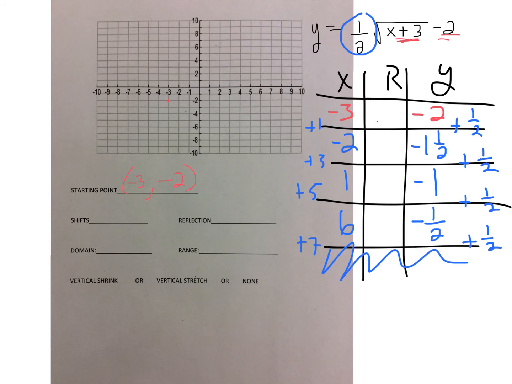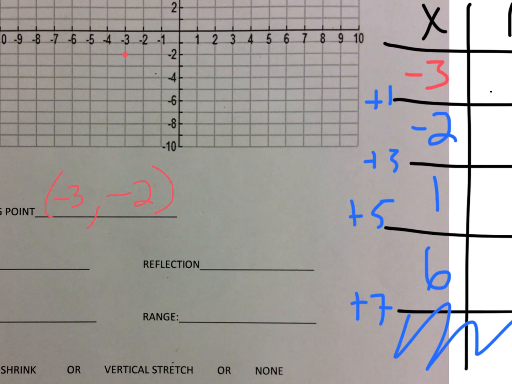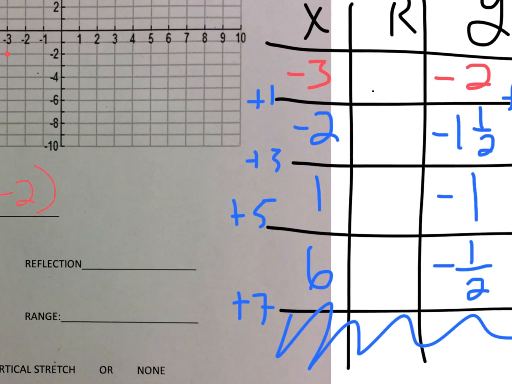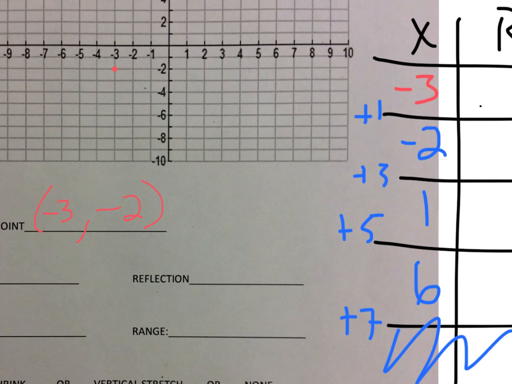So let's go graph this thing. Okay, so let's zoom in a little bit here. So what we're doing, negative 2 by negative 1.5. So negative 2 by negative 1.5.